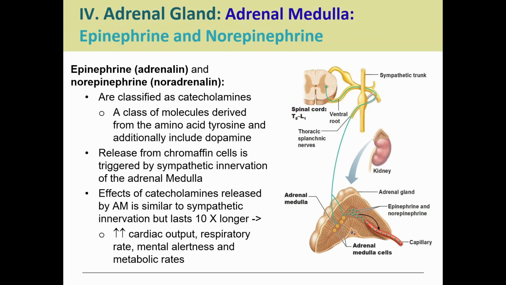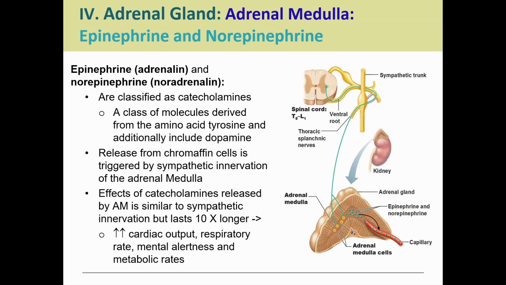So what do epinephrine and norepinephrine do? They are catecholamines, so they're basically derived from amino acids. Again, the sympathetic nervous system directly innervates the adrenal medulla, and the effects that we're going to get are things like increased cardiac output, so our heart rate, right, and all that's going to increase. We're going to breathe heavier, breathe deeper, we're going to be more alert.